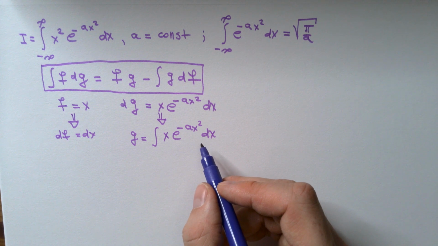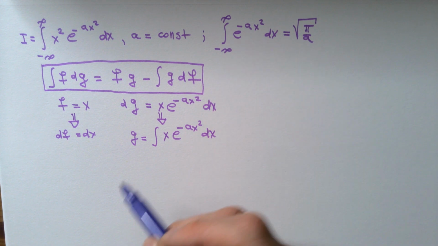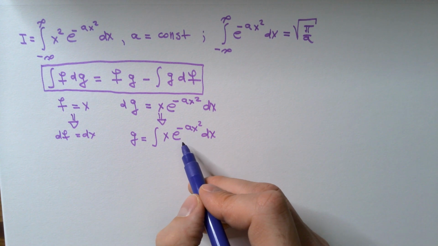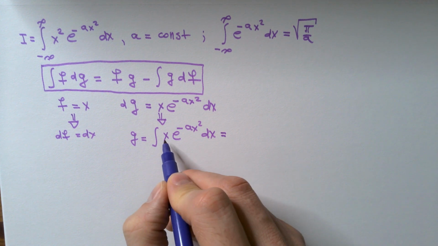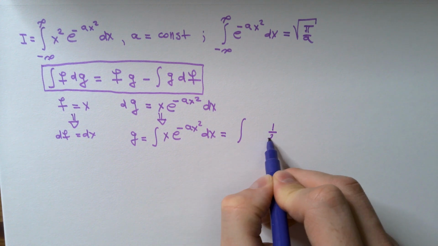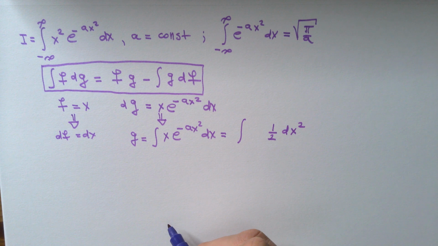But that integral is also relatively simple because I solved it in my previous video when we were dealing with the Gaussian integral. You can solve it by introducing a substitution, but I told you that a more fancy way to do it is to identify that x dx can be written as 1 over 2 d(x squared).